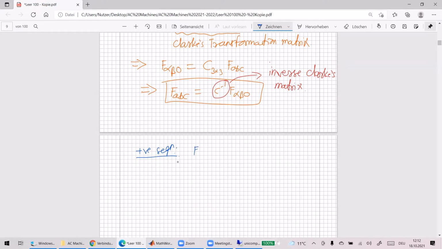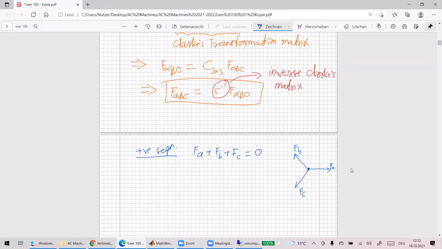So for positive sequence, your FA plus FB plus FC is what? 0. For positive sequence, do we have a 0 sequence there? No. So the positive sequence is like this. You have this FA, this is your FB, and this is your FC.